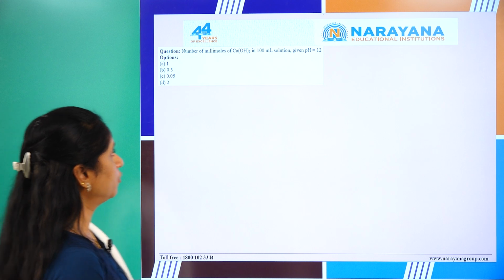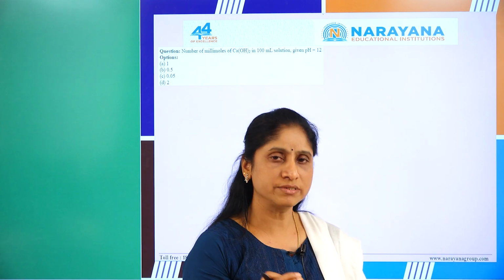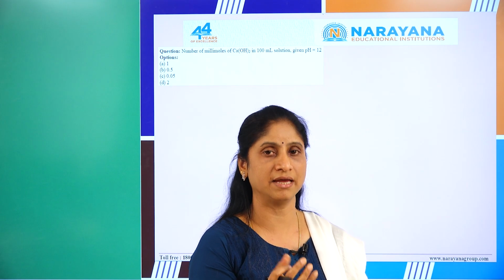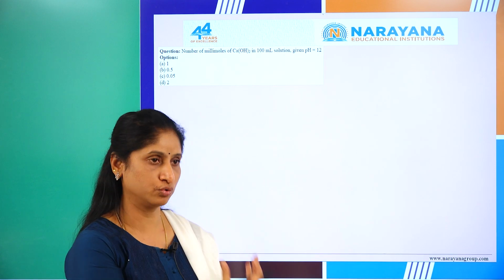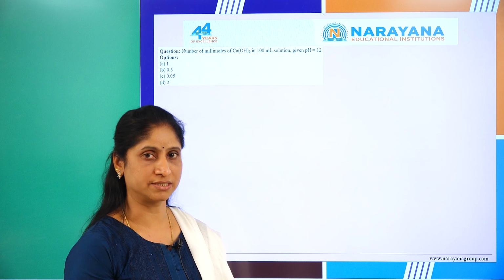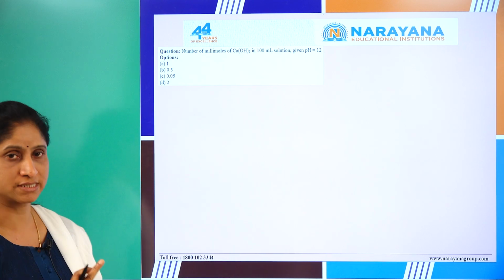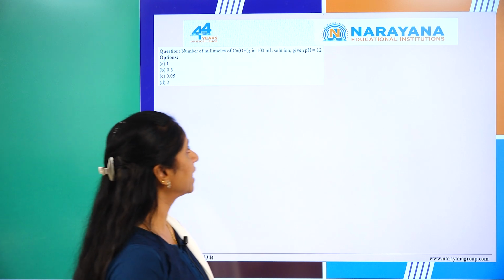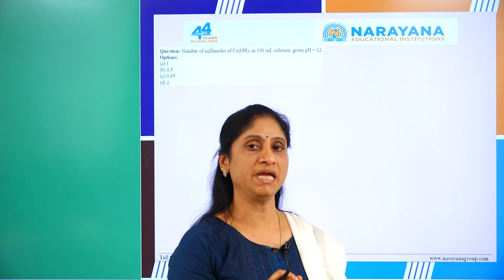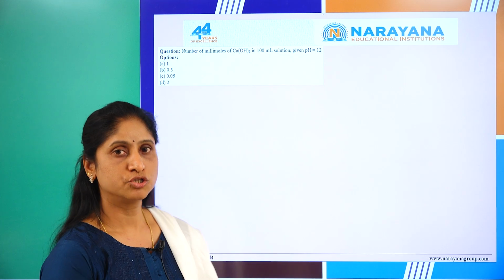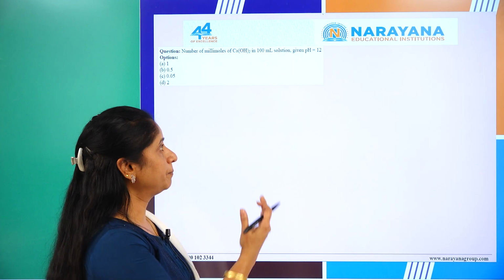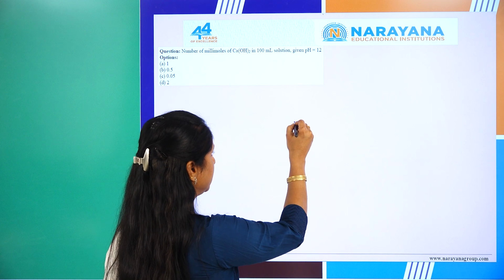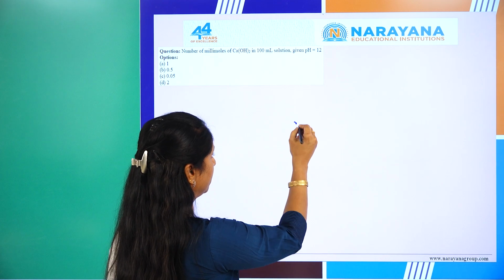Number of millimoles of calcium hydroxide. See how simple the questions are, but there is a lot of scope for wrong calculations if you are in a hurry and in a tense mood. They are asking not moles, but millimoles. Number of millimoles of calcium hydroxide in 100 ml of solution given pH equal to 12. Calcium hydroxide is a base. So pH equal to 12 means obviously the concentration of H plus is 10 power minus 12.